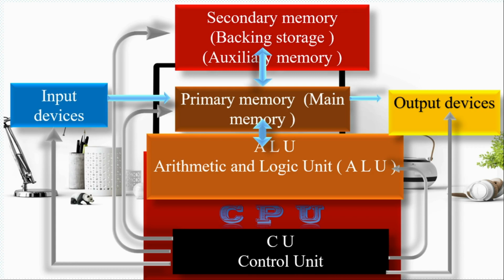Some secondary memory is fixed to the computer, some can be fixed and removed as we wish, but some memories cannot. For example, hard disk, jazz disk, floppy disk, CD, DVD, Blu-ray are related to secondary memory.